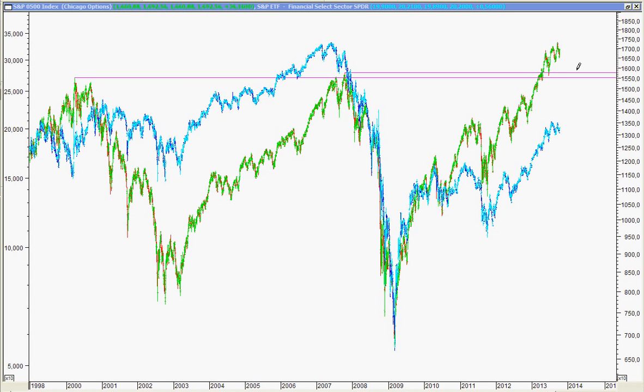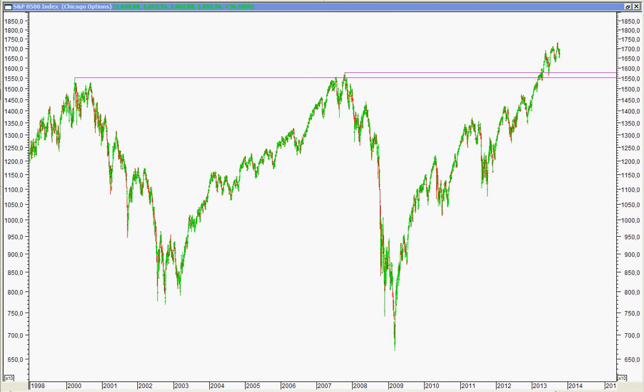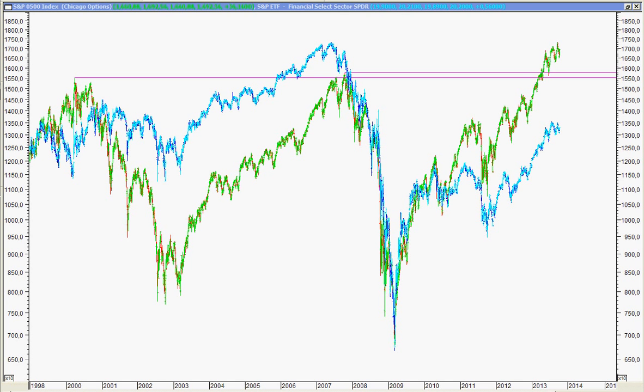And if you're bullish in equities, as I am right now in October 2013, the financial sector would be an even greater high beta option. So here the S&P index, and here the Financial Sector SPDR.